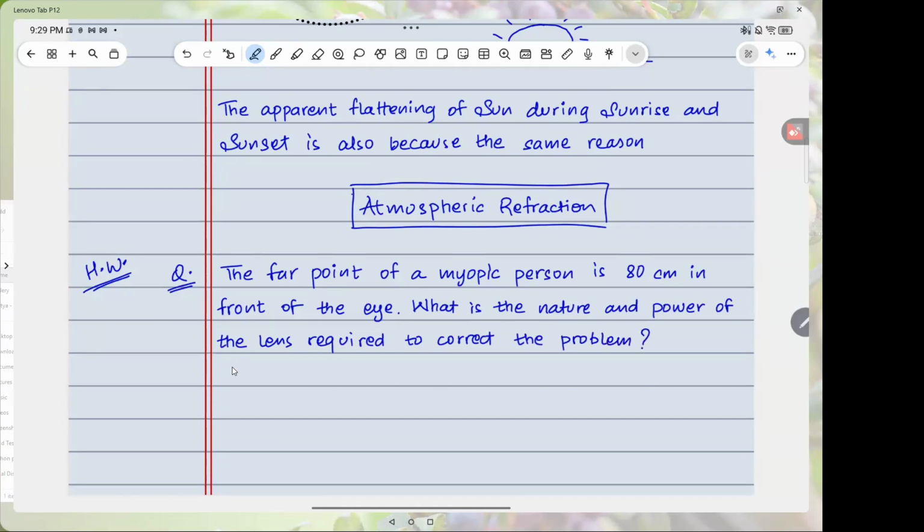Okay, this is going to be another homework question. So you got 2 questions for your homework. Please solve them, and we will be discussing this in the next class.